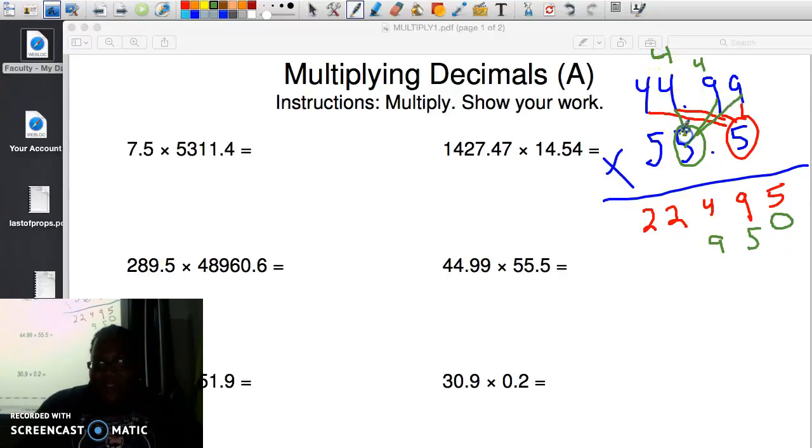And this one, 4 times 5 is 20, plus 4 is 24. 4 times 5 is 20, plus 2, 22. That's the second row. Shouldn't it equal the same thing? Oh wait, but the 0. Right, so everything's going to shift over a little bit.